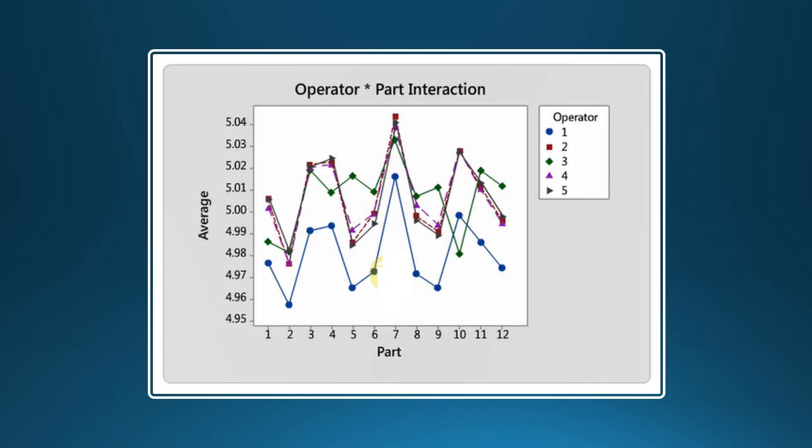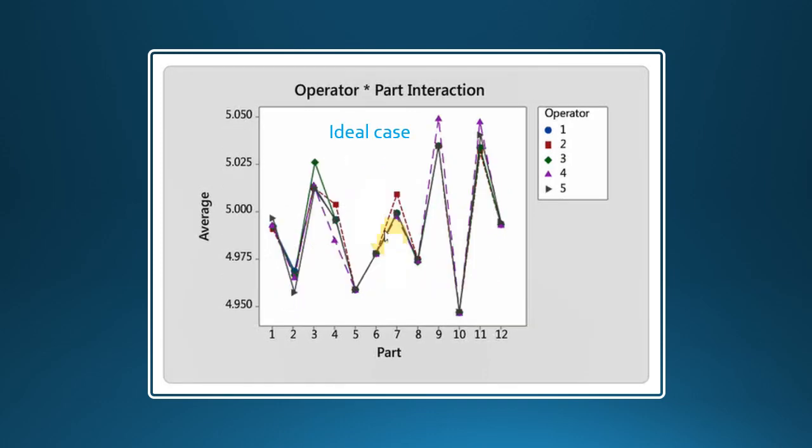To do this, we'll plot the mean of the four measurements taken by each operator for each of the boards. This will show us how the operators differ in their measurements. Remember, some variation is always present in our parts.